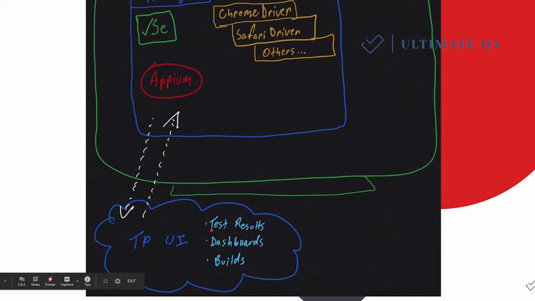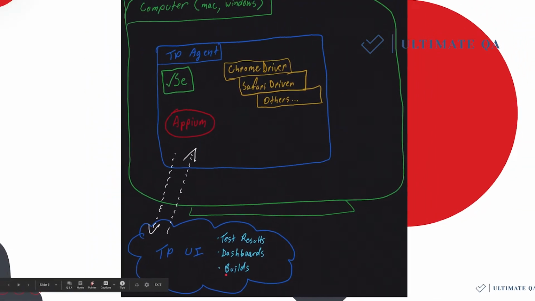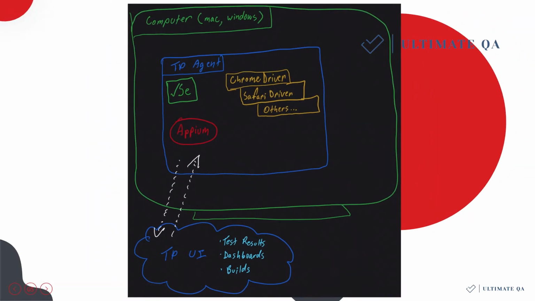In there you're going to see stuff like test results, the dashboards, the builds, and so on, everything combined into a single user interface with all of your tests. And so that's why it's really nice. Instead of talking to multiple things and multiple APIs, we're only talking to one API that then communicates with our TestProject UI and puts everything into a single dashboard.